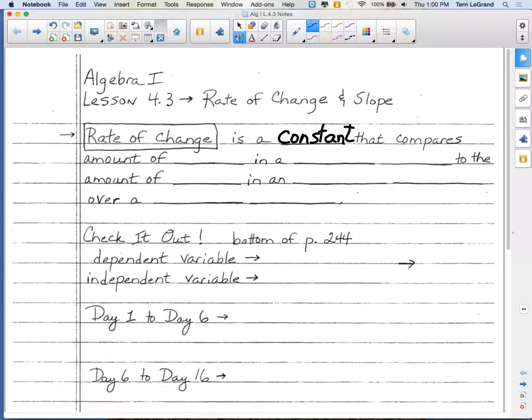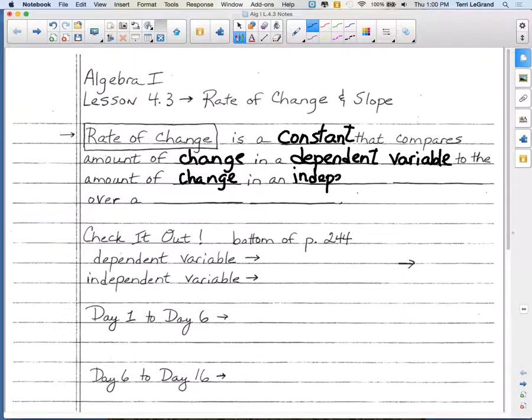And what it does, it compares the amount of change in a dependent variable, and the dependent is first. So we're always comparing, first of all, what happened to the dependent variable, the one that was the result of something, to the amount of change in an independent variable.